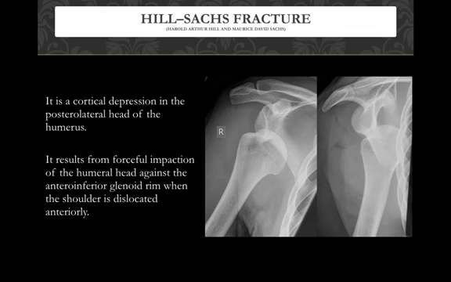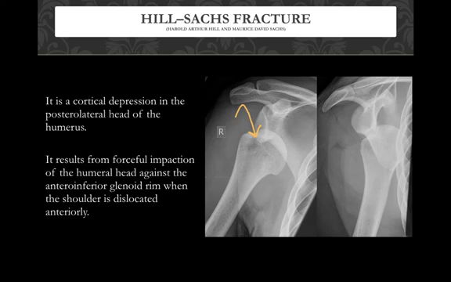Bankart's lesion involves the glenoid, and similarly its counterpart, the Hill-Sachs lesion, involves the posterolateral aspect of the head, with a depression on this area seen in anterior shoulder dislocation.